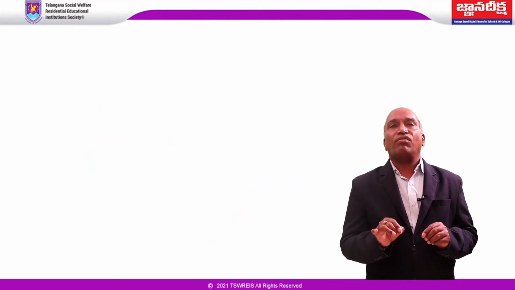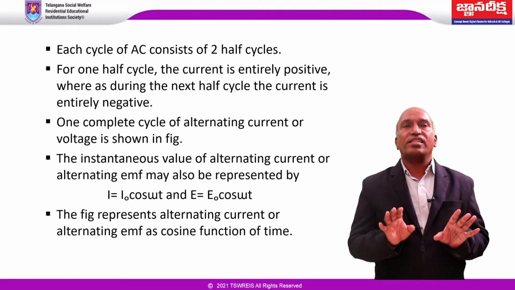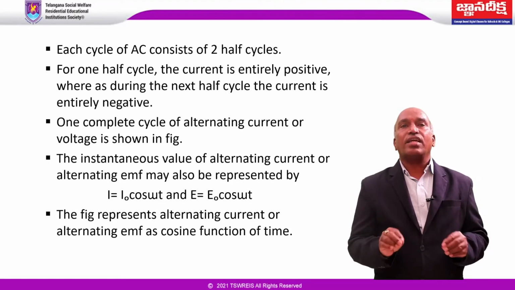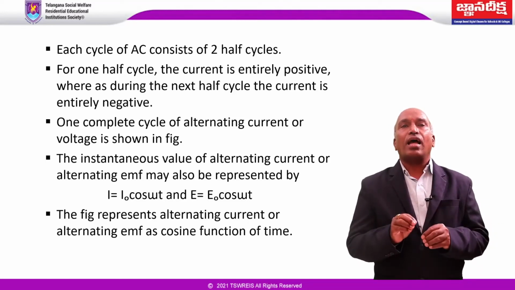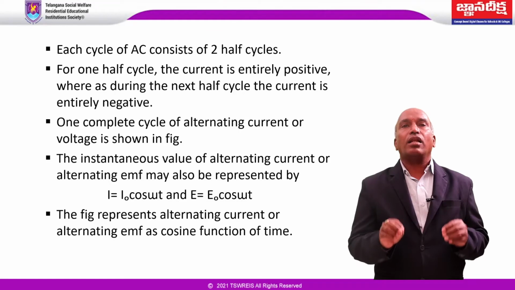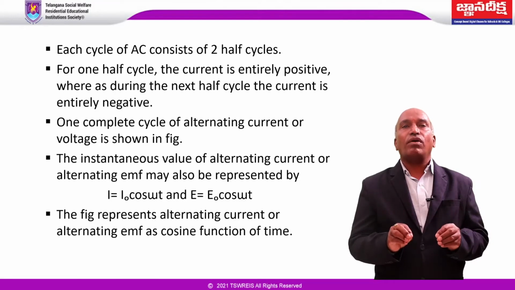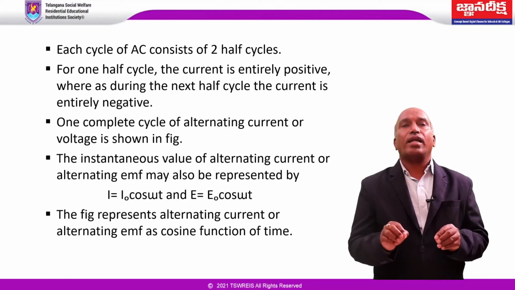Each cycle of AC consists of 2 half cycles. For one half cycle, the current is entirely positive, whereas during the next half cycle, the current is entirely negative. One complete cycle of alternating current or voltage is shown in the figure.